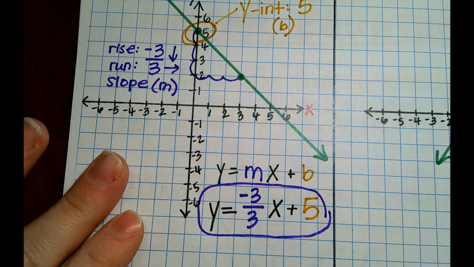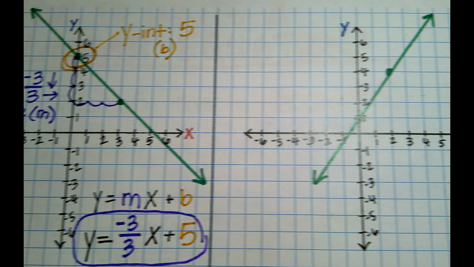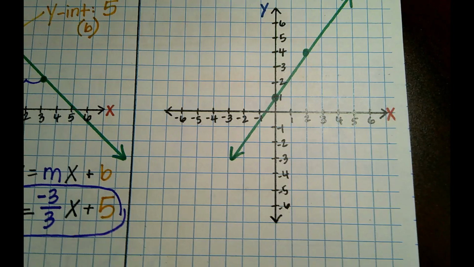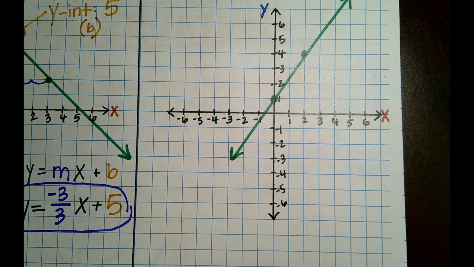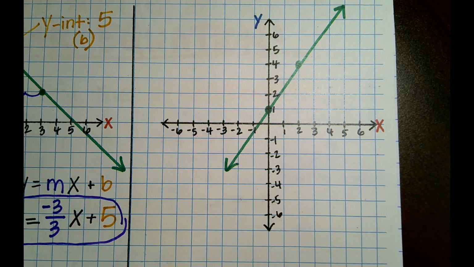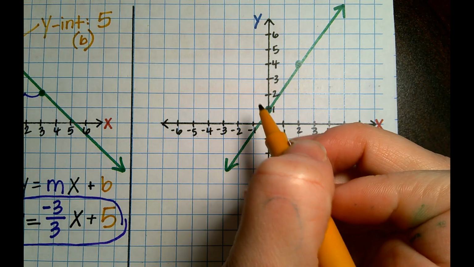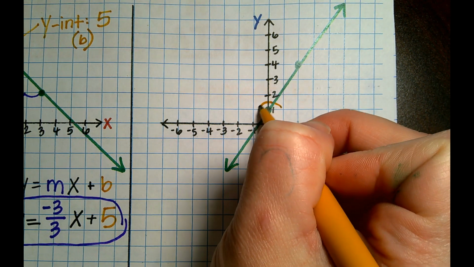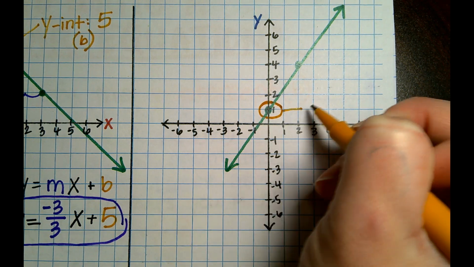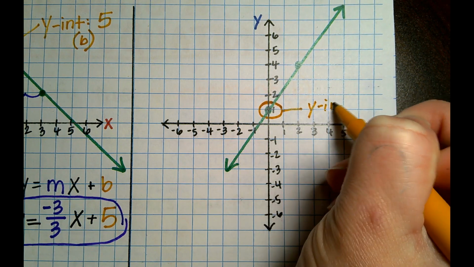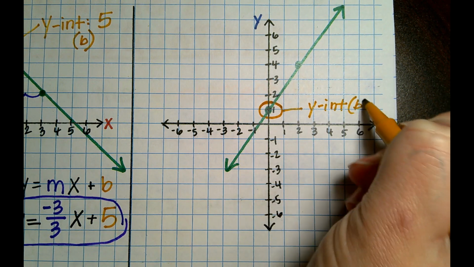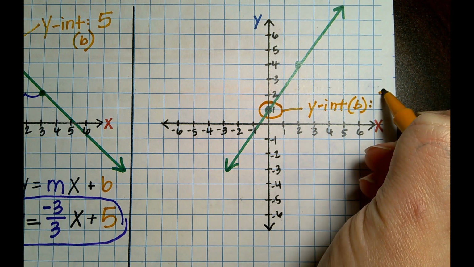Okay. Let's look at the next line. So, what is my y-intercept? 1. That's where my line is touching my y-axis. So, my y-intercept, or my b, is 1.